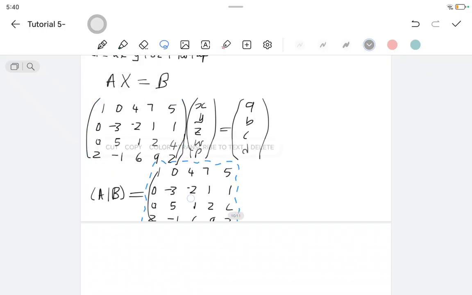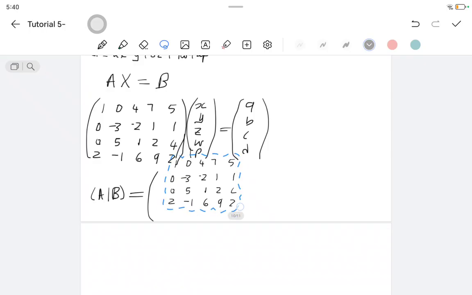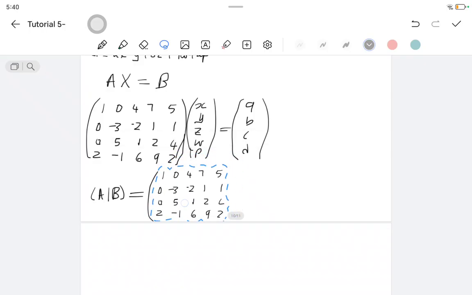So we're going to use it here. And then we have A, B, C, D.